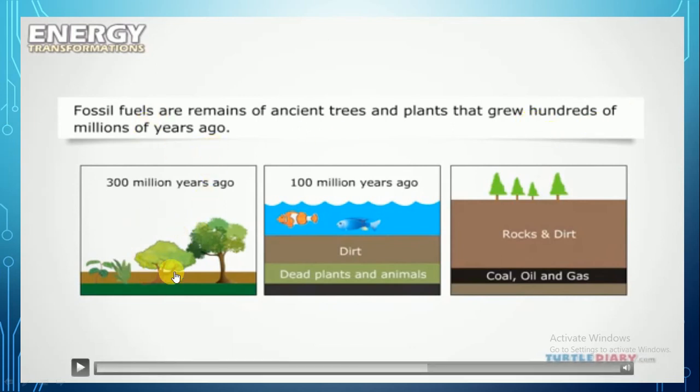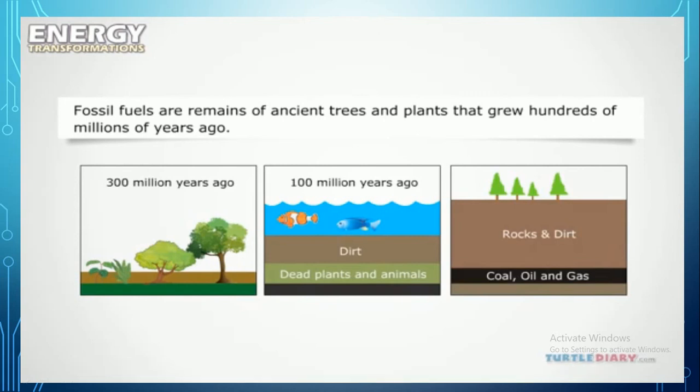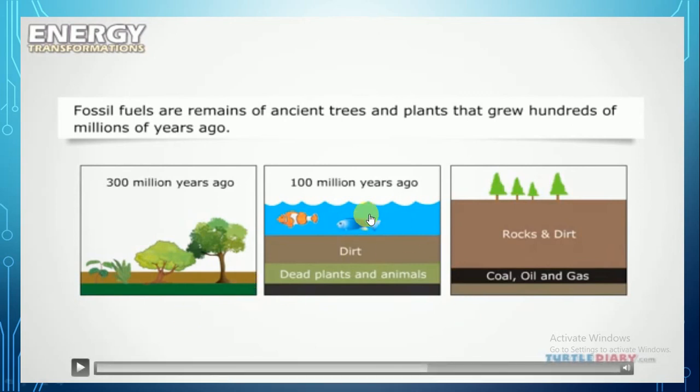So those plants and some animals, after they died and after a lot of time, maybe 300 million years, those dead plants and animals changed to coal, oil, and gas. So this is fossil fuel.